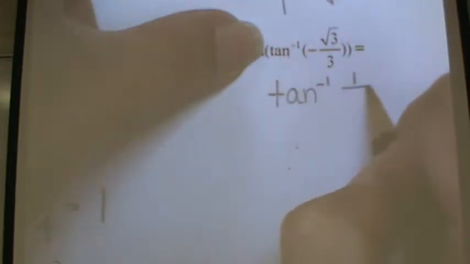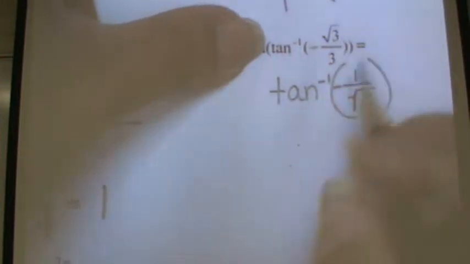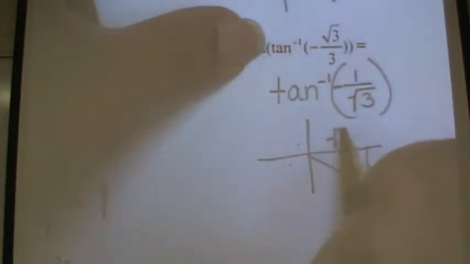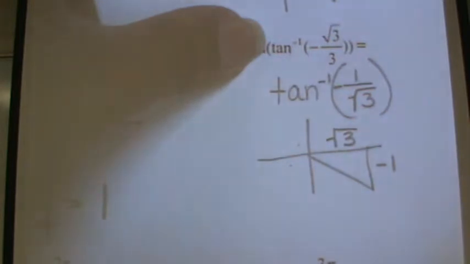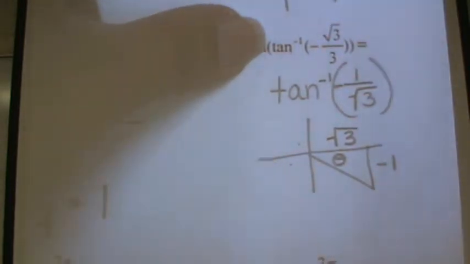And if I unrationalize this, and it's a negative. So what angle am I whose side opposite over adjacent is negative 1 over root 3? What angle am I? Negative pi over 6. It's a 30-degree.